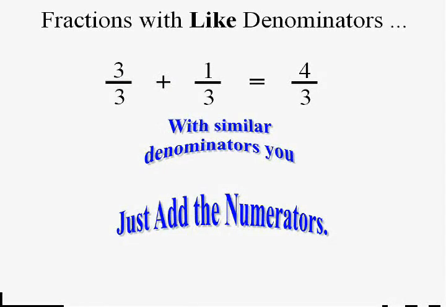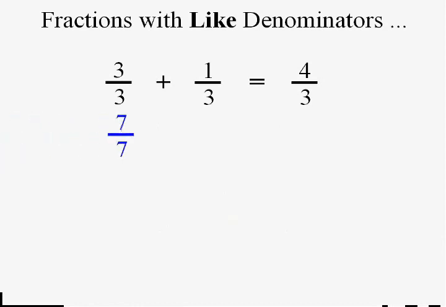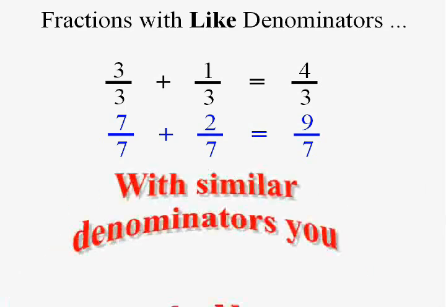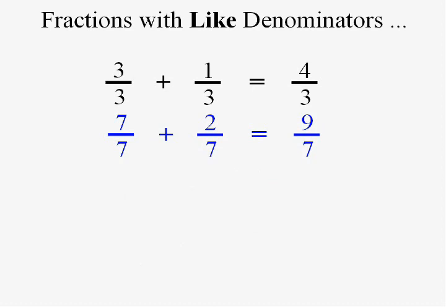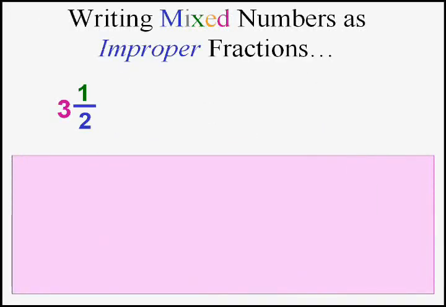As long as they have similar denominators, you just add the numerators. 7/7 plus 2/7 is going to equal what? 7 plus 2 is going to equal 9/7. Don't forget, with similar denominators, you just add the numerators. Well, this is going to be involved when we write mixed numbers as improper fractions.